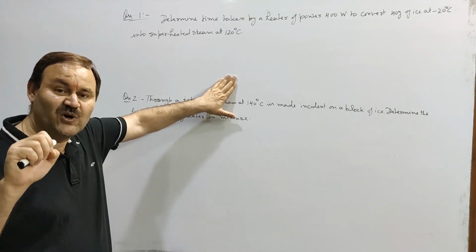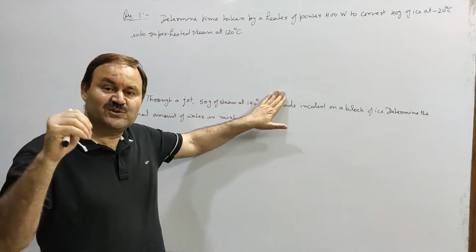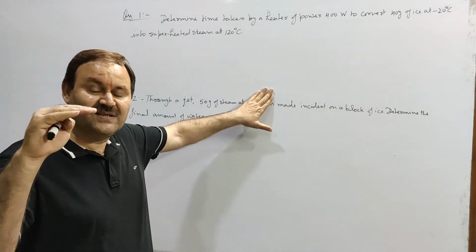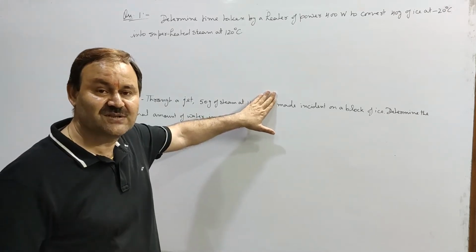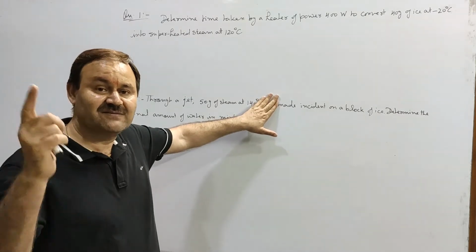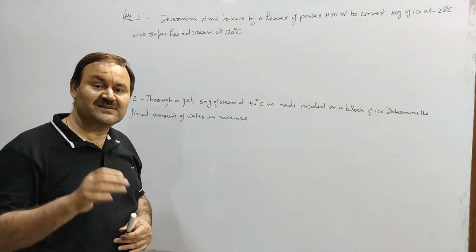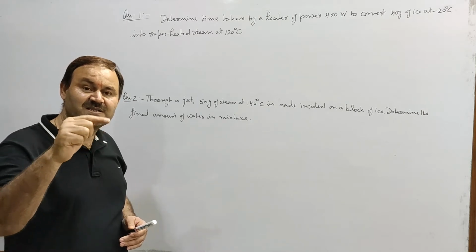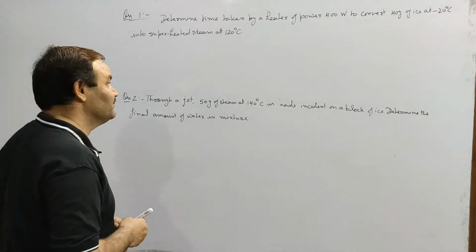After attaining its boiling point, water will begin to boil. It means again change of state will be there. So we will be using ml. When steam is formed, then that steam will increase its temperature from 100 to 120 degrees Celsius, and for that we will use MC delta T. If we are saying that the time taken by heater is T, then heat supplied by heater to the ice will be power into time.